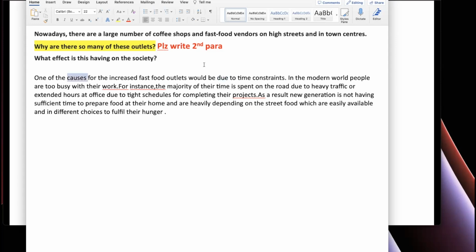See, one of the causes means due to. Again, don't write due to.